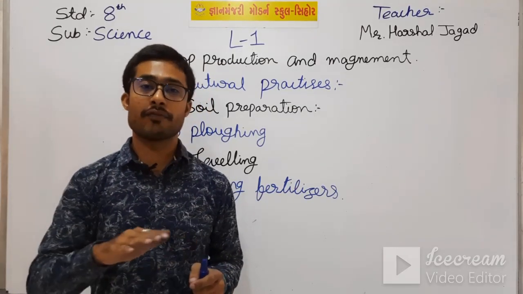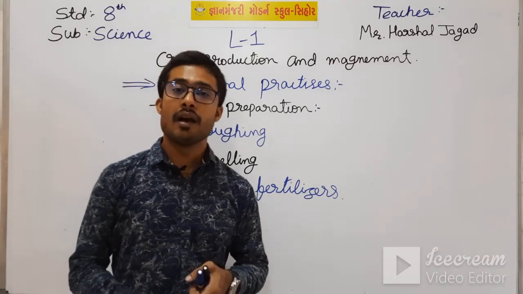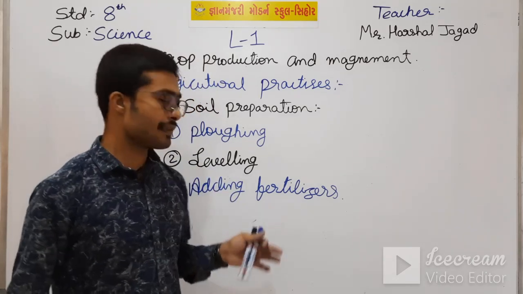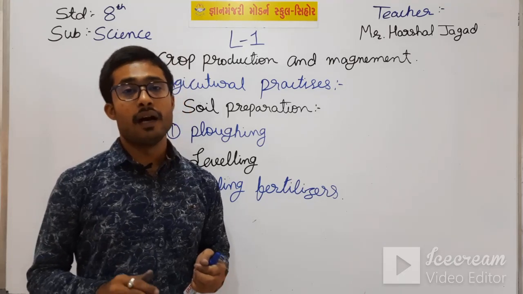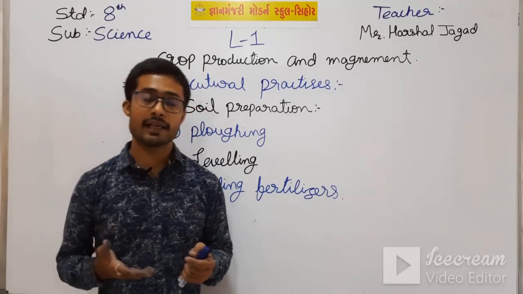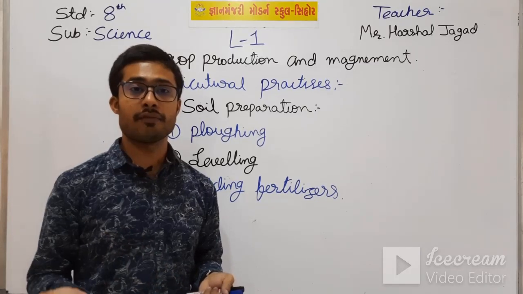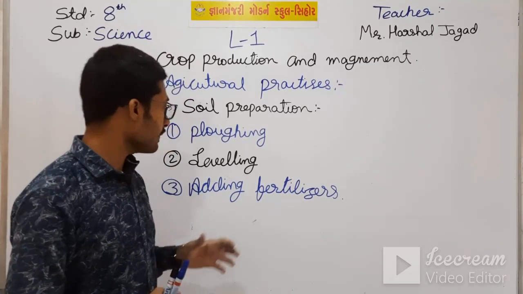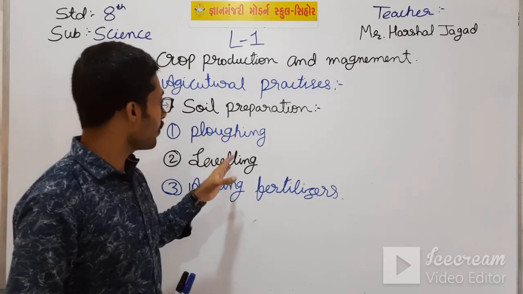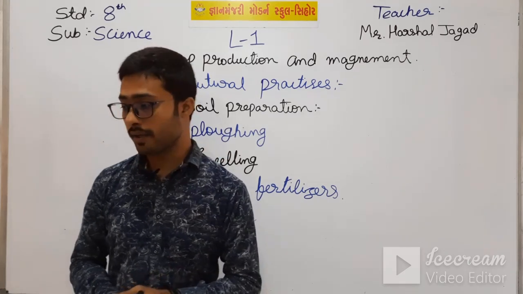Plain surface means the level of the soil is done, and in that the crops are cultivated, and then after that the fertilizers are added, and fertilizers are added in different ways, like spraying the fertilizers chemically, and also natural fertilizers are there. Okay, and these are the 3 points. Now we will take the textual points of ploughing, leveling and adding fertilizers. Okay students.